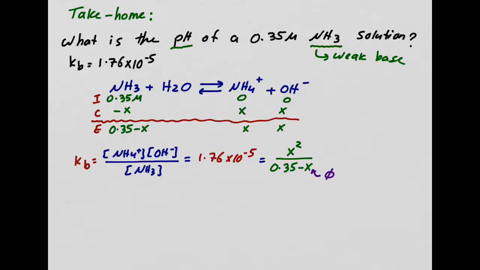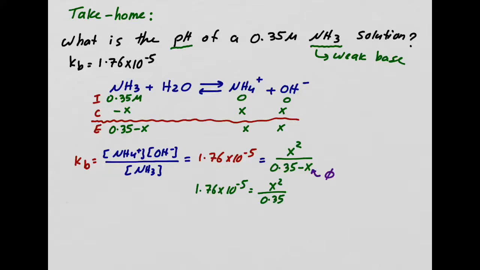So far so good. Okay. Again, I can do this because x is probably such a tiny number compared to this, and my K is much less than 1. So if I assume that's 0, then I'm going to rewrite this to make sure we're on the same page. I'm going to write 1.76 times 10 to the minus 5 equals x squared over 0.35.